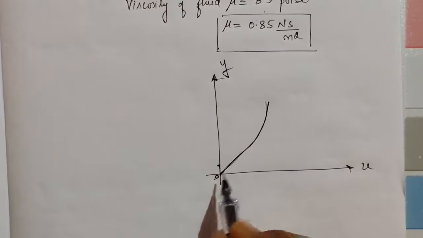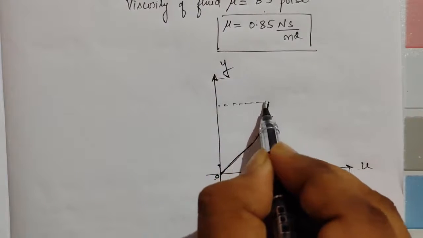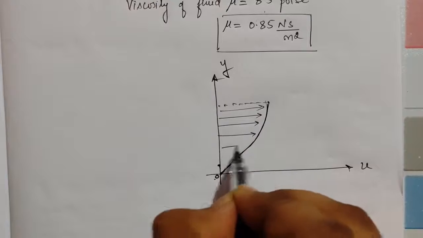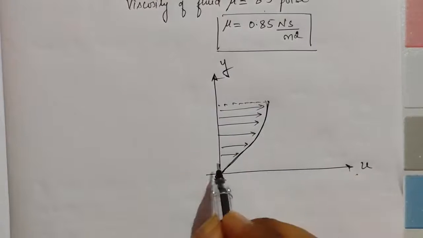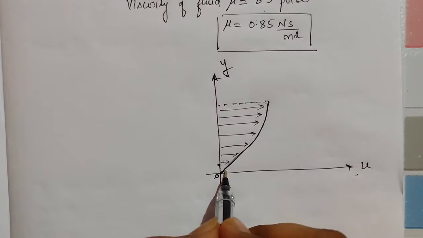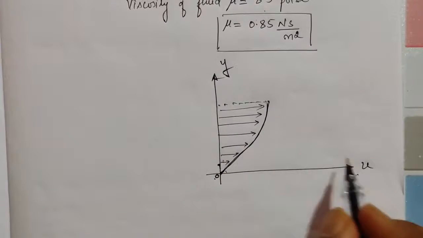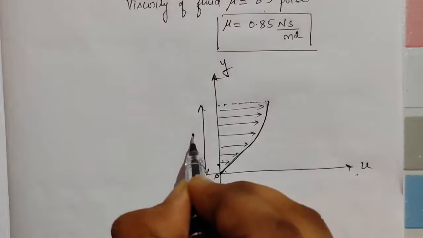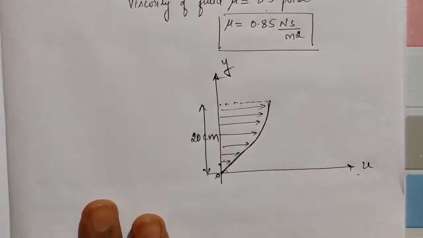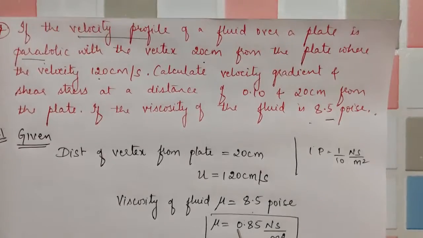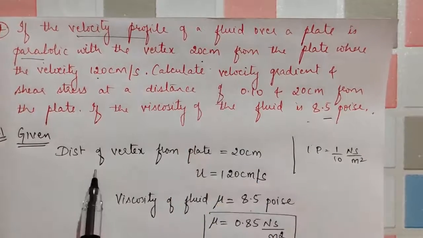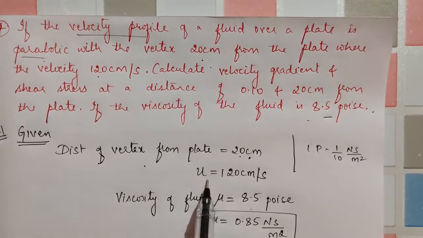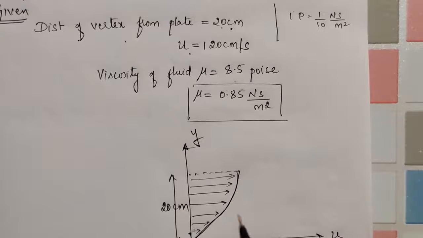Okay, so here it is 0. So here they have given a value. What have they given? When u is 0, y is also 0. When u is... see here, when the distance of the vertex from the plate is 20 centimeter, the velocity is what? 120 centimeter per second.